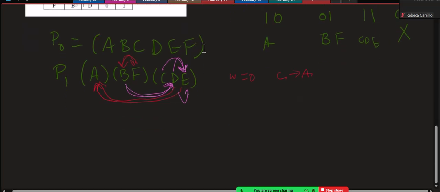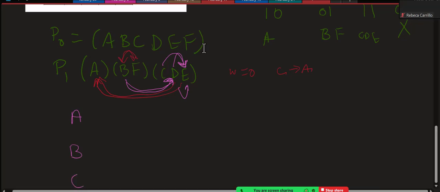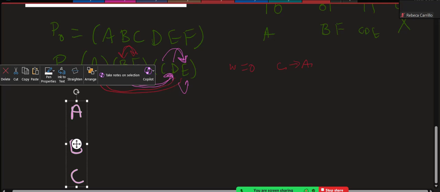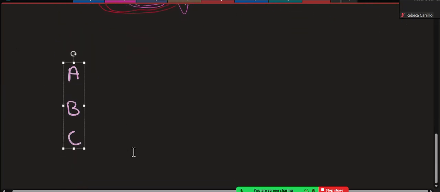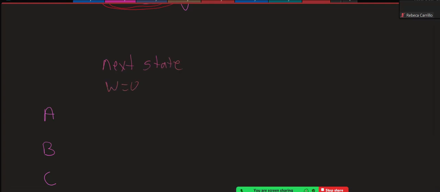So now I can make my minimized state table, and I'll have 3 states: A, B, and C. And then I have the next state for W equals 0 and W equals 1, and my output for W equals 0 and W equals 1.